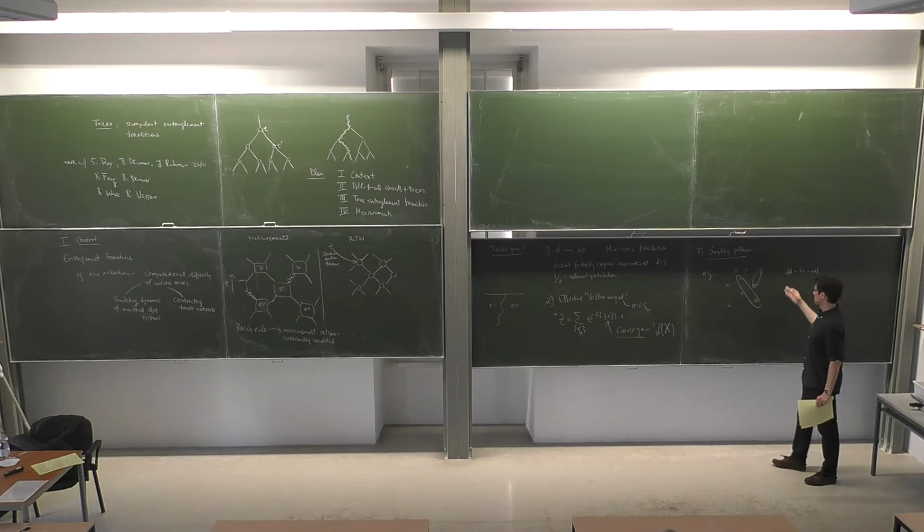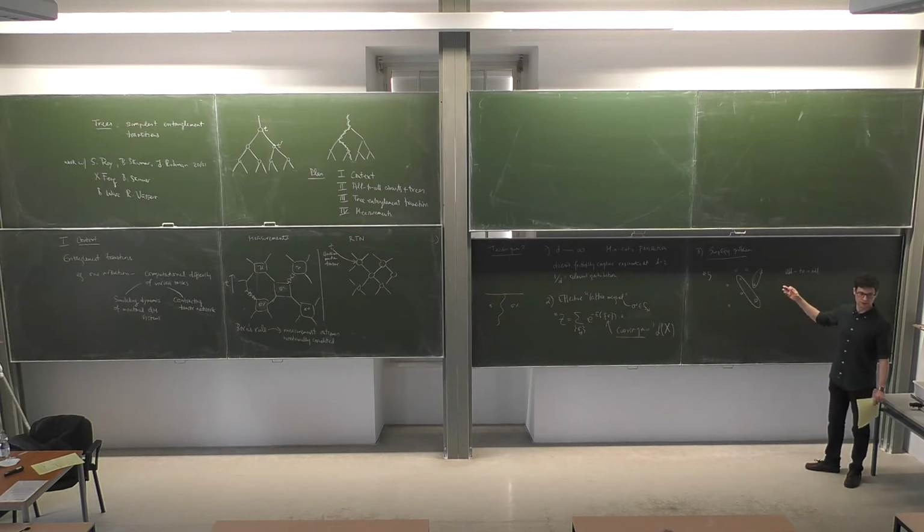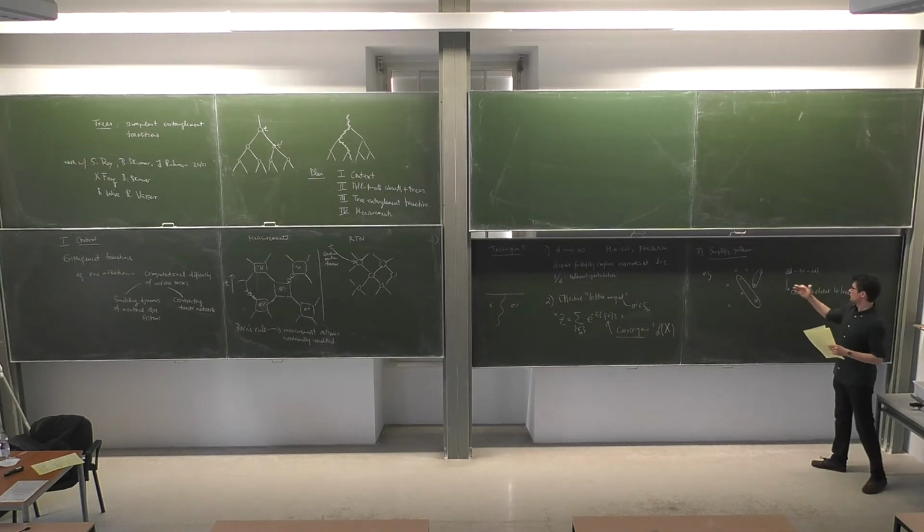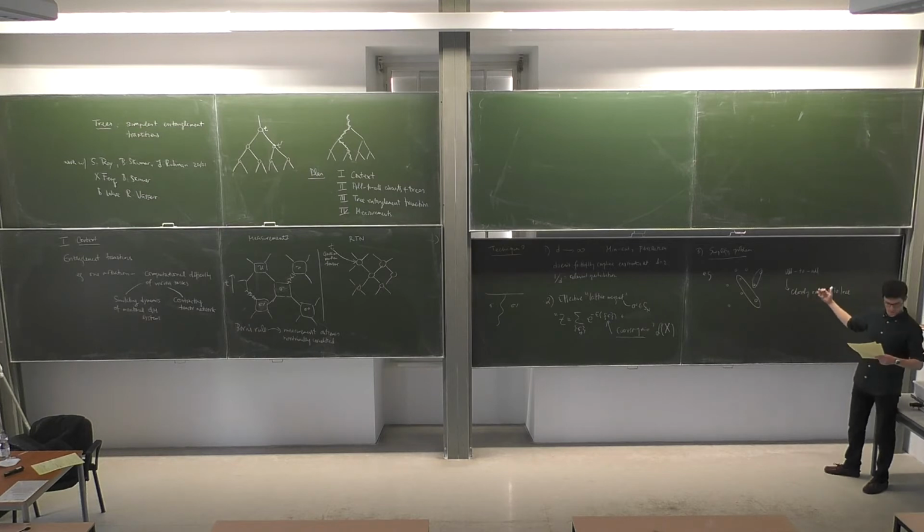But it turns out that problem is closely related to an even simpler geometry, which is the tree geometry. There's a way of starting with this quantum circuit dynamics and relating it to the tree, which I'll talk about in a moment.